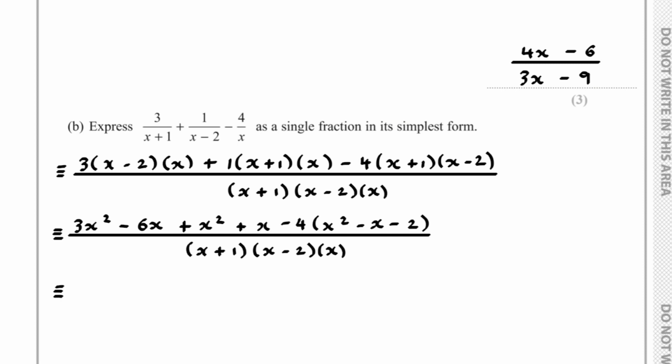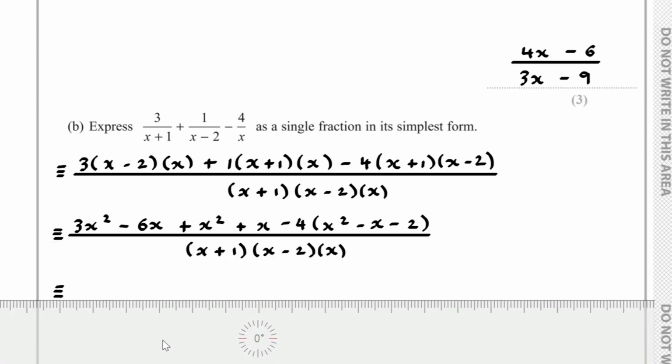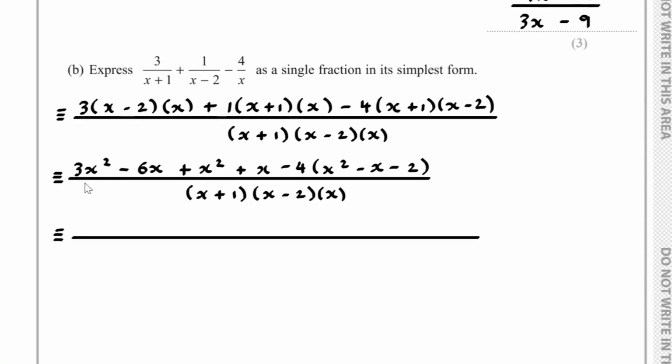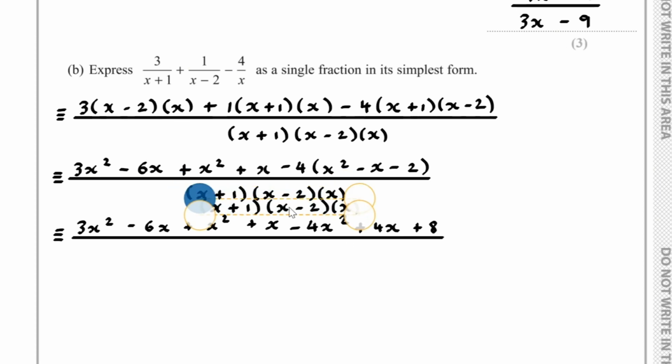So now, if we simplify all of this, I still have the 3x squared minus 6x plus x squared plus x, but then I've got minus 4x squared, and then the positive 4x plus 8. And along the bottom, we still have the x plus 1 times x minus 2 times x.